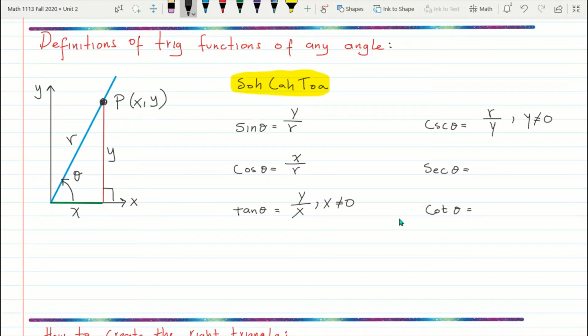Secant is the reciprocal of cosine, which is r over x, again given that x is not equal to 0. Cotangent is x over y, given that y is not equal to 0. And those are the 6 definitions.